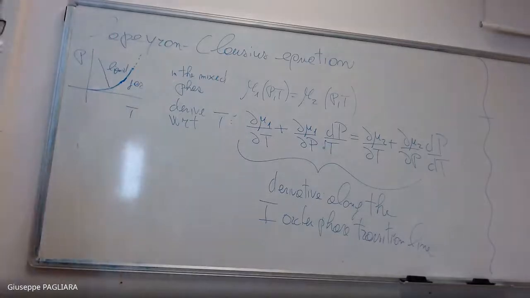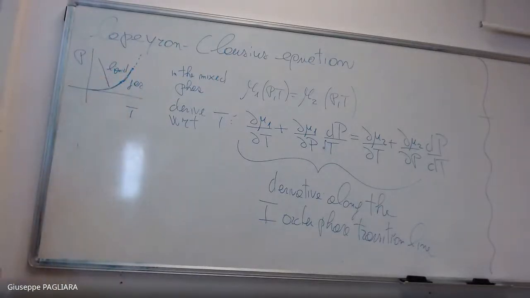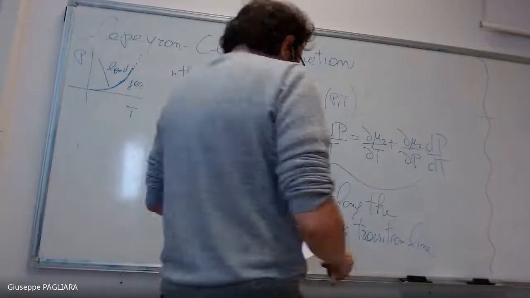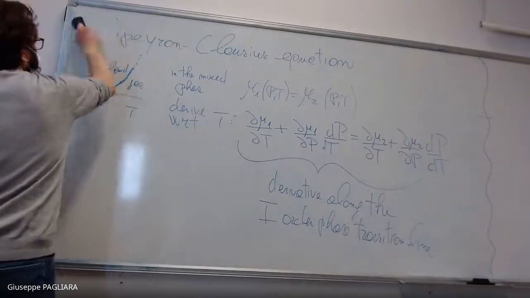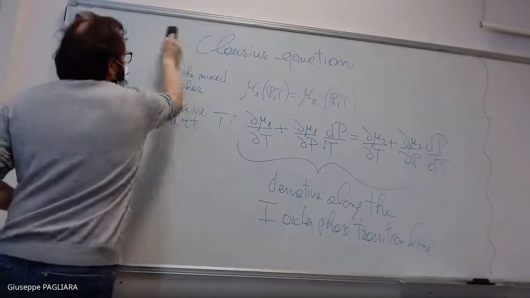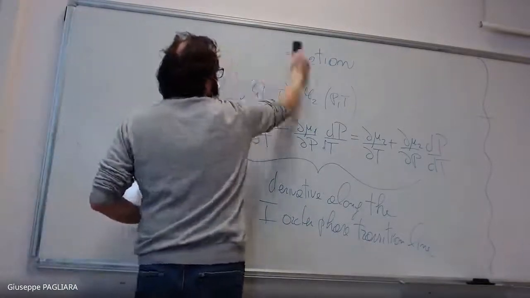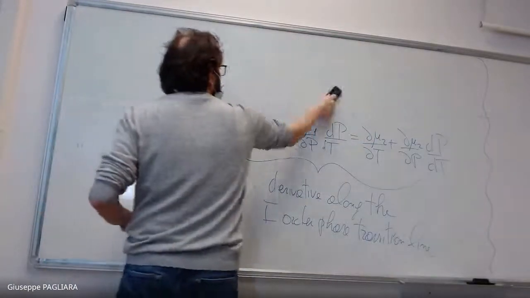Okay. So we are moving along this line because we will determine in a moment the slope of this line, which is the Clapeyron equation. Now it's a matter of just using the previous equation and remembering the Maxwell relations in the presence of chemical potential.